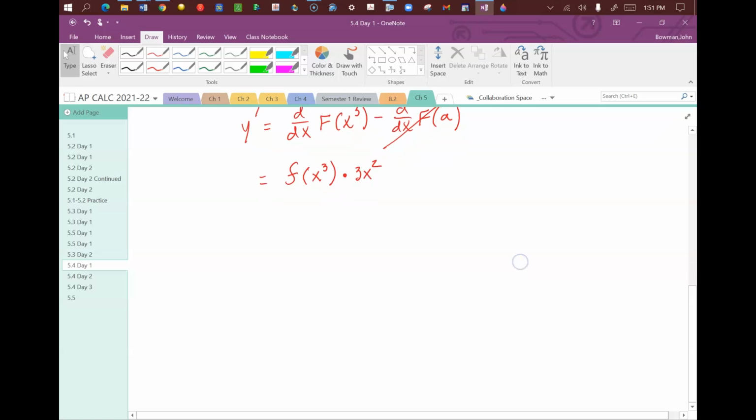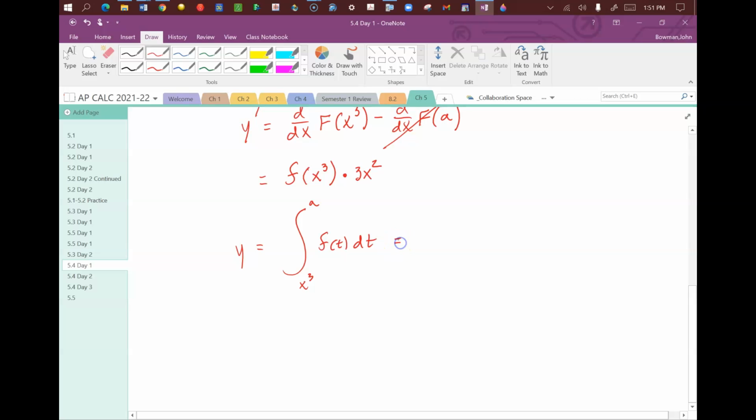Well, what happens if we take that one step further and we switch the limits of integration from a to x cubed to x cubed to a of f of t dt? We already know from properties of integration that this should be the opposite of what we just found.